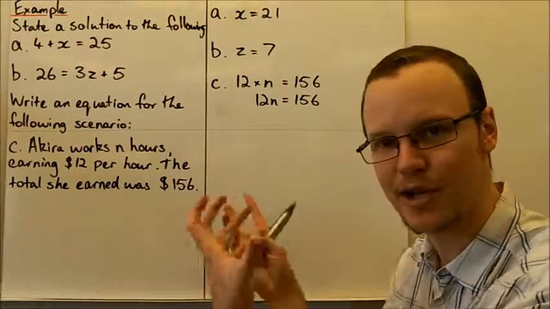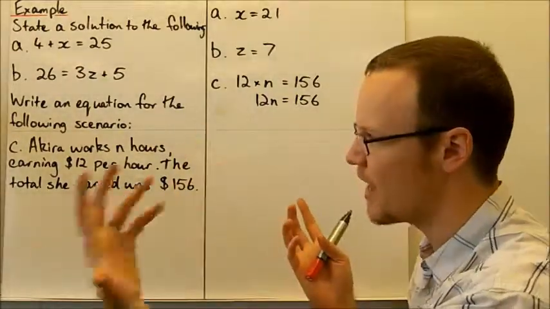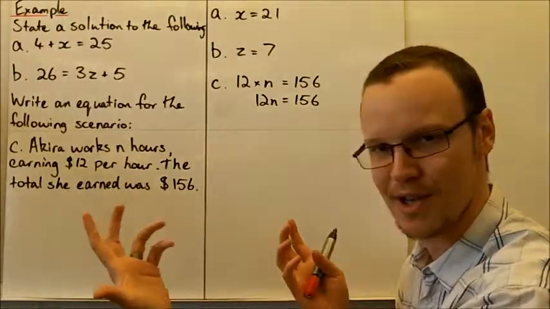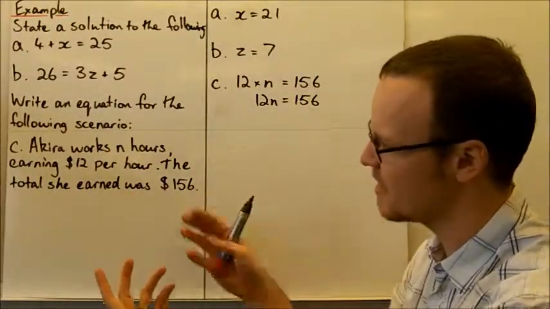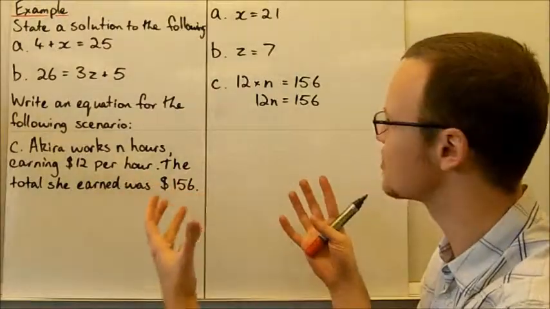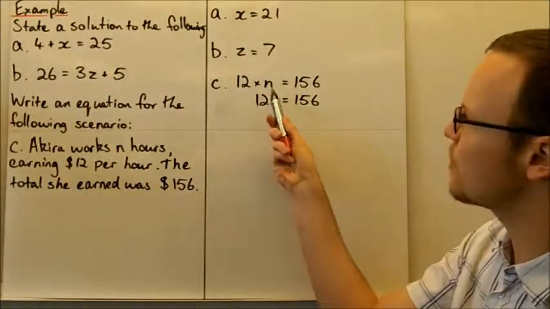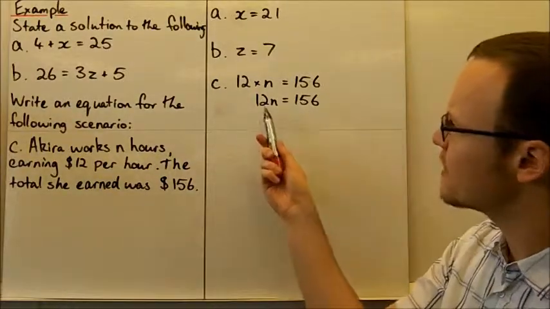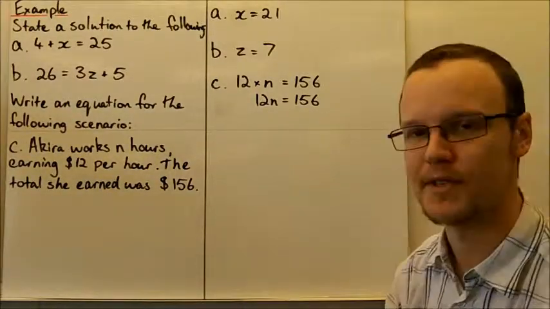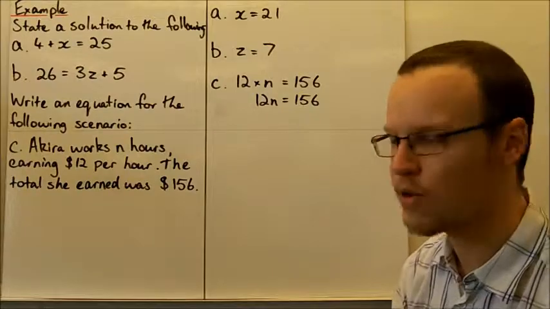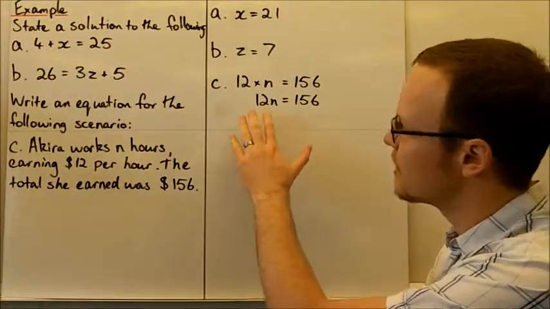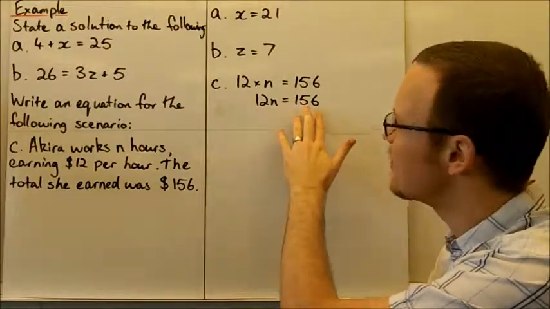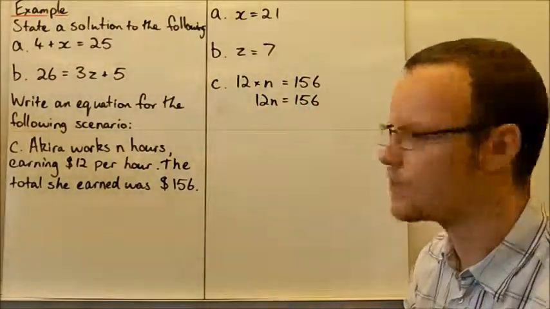So they're two statements that are the same. N times 12, or 12 times n, $12 per hour times n hours, is the same as the $156 total that she's earned. So 12n equals 156. This is an equation. We're saying that the amount she earned per hour times the number of hours is the same as the total she earned, $156.